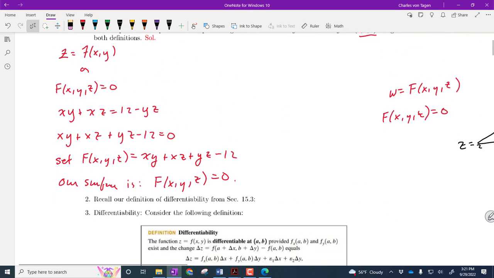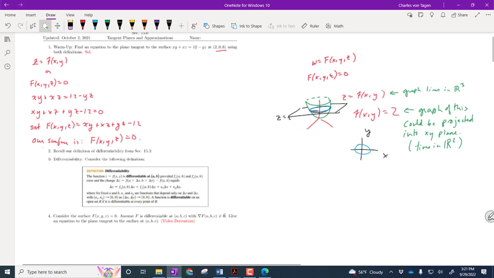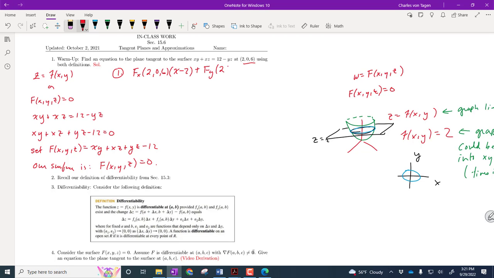All of that said, we can now give our tangent plane as f sub x of 2, 0, 6 times x minus 2, plus f sub y of 2, 0, 6 times y minus 0, plus f sub z of 2, 0, 6 times z minus 6, equals 0.